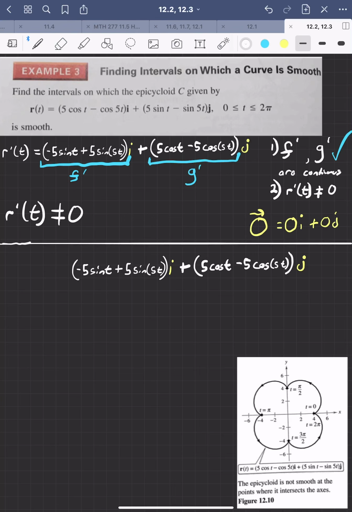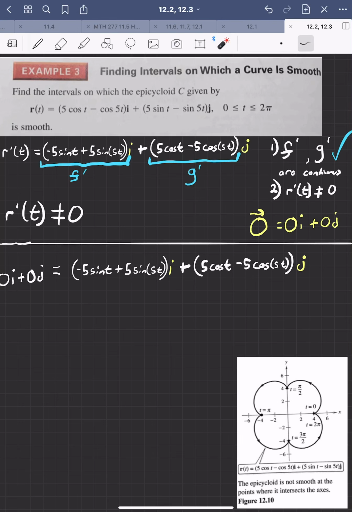Okay, so that is our r prime. We're going to set that equal to the 0 vector, so 0i plus 0j. Hopefully that comes out clear on your end. How does this work?